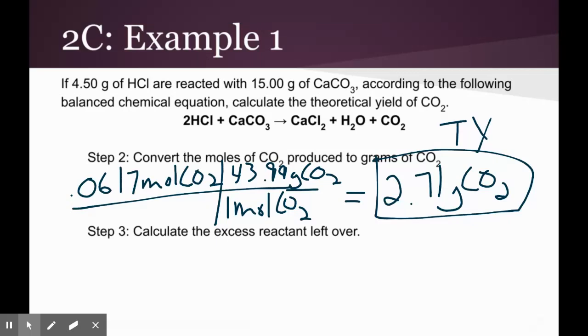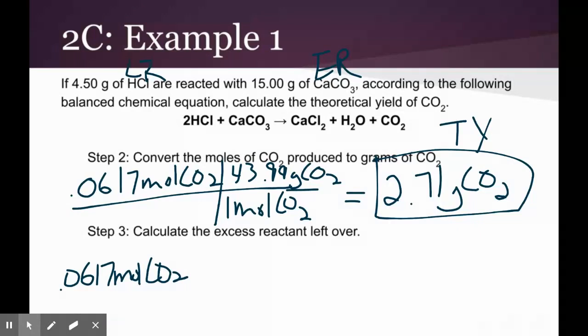Now, we determined that HCl is our limiting reactant and CaCO3 is our excess reactant. So now step 3 wants us to calculate how much excess reactant is left over. So to do that, you need to use the moles of CO2 that are actually going to be produced, which is 0.0617 moles of CO2.